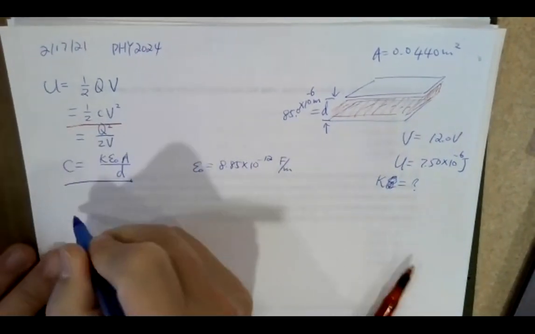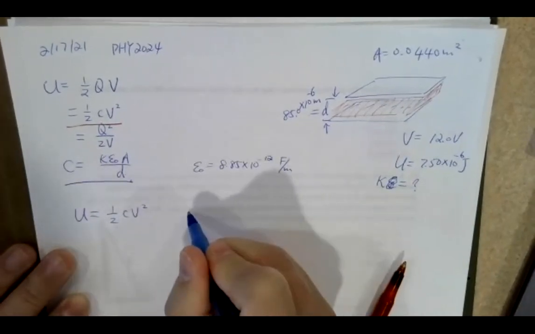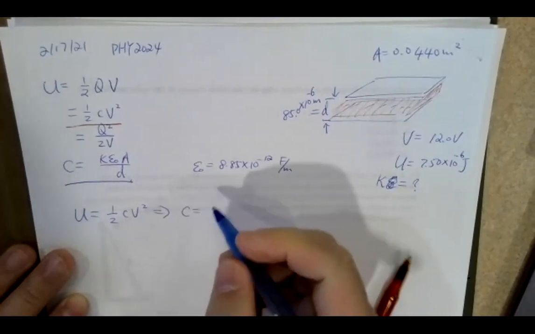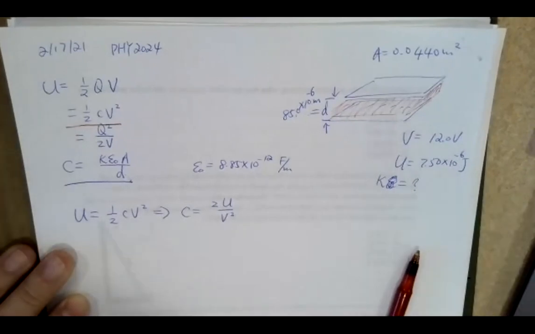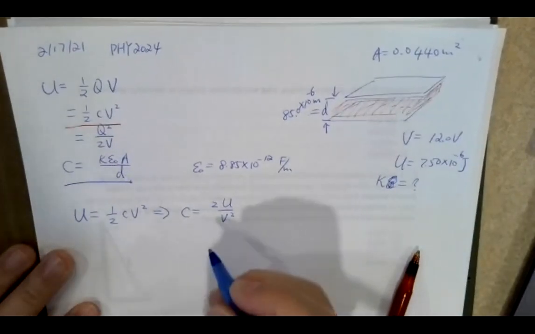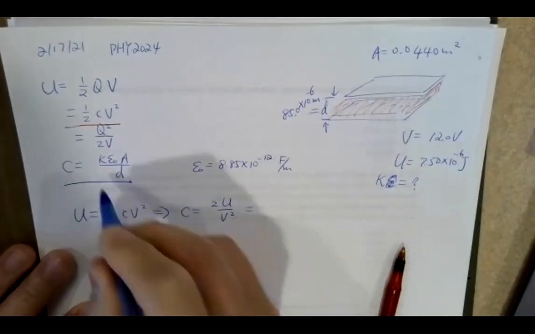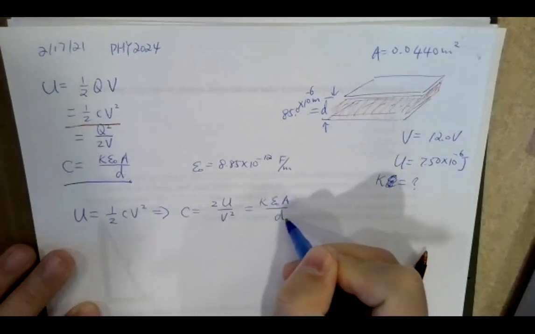So we are going to use U equals 1/2 CV squared, and from there you will get C equal to 2 times U over V squared. Then you can set it up so that this is equal to the expression kappa epsilon naught times A divided by D, right?